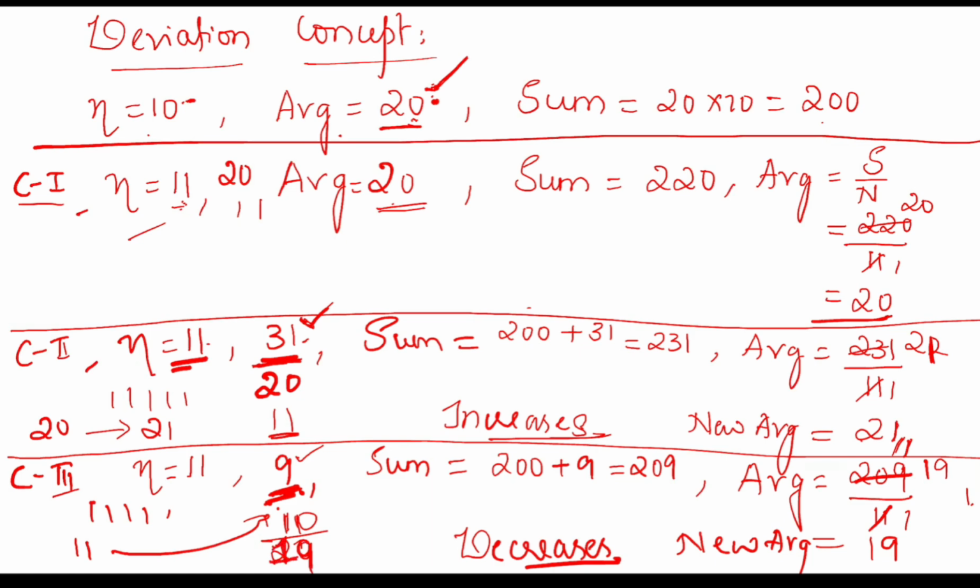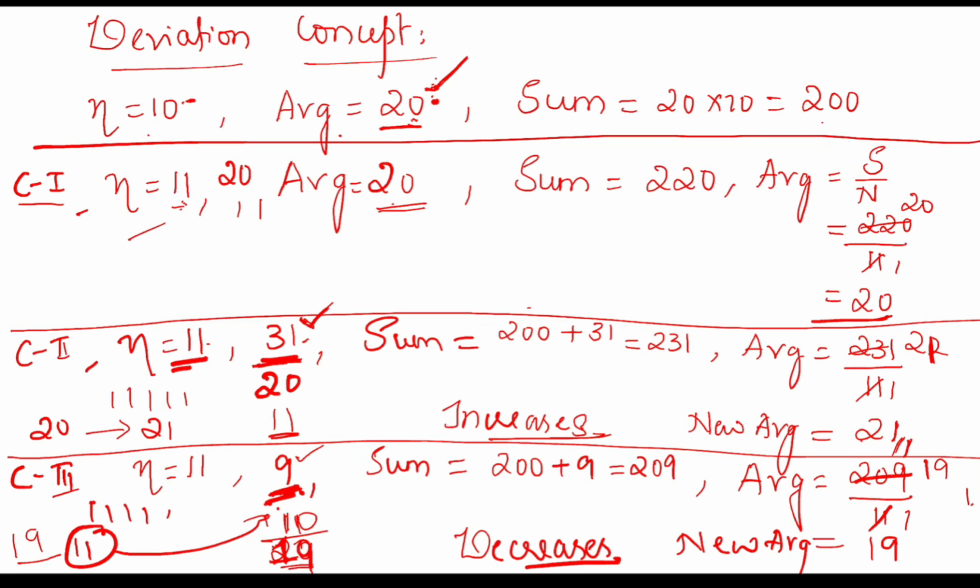Earlier the children had 20 sweets with them, and if one is taken out from each child, then 19 will remain. So now 19 sweets are available with all 11 children.